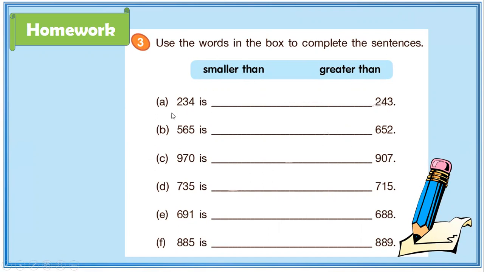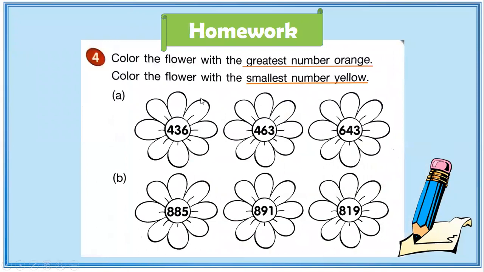For example, letter A, 234 is smaller than 243. Okay, then for number 4, color the flower with the greatest number orange. Color the flower with the smallest number yellow.